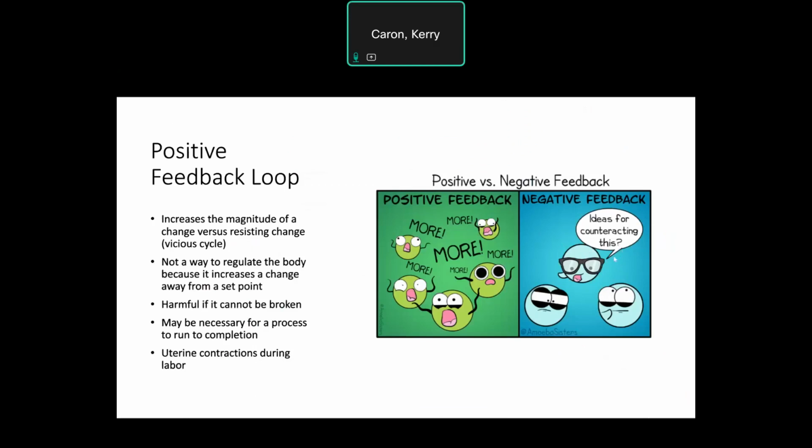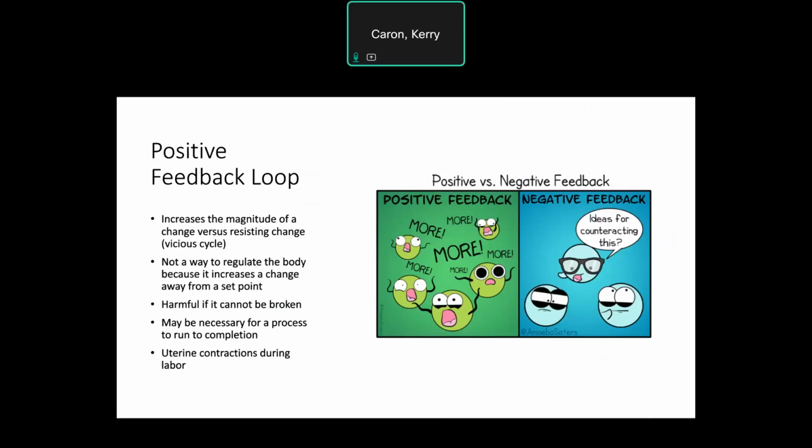They're trying to resist change. Whereas positive feedback is like more. This is not a good way to regulate the body because basically it's encouraging a change from the set point. It's harmful if it's not broken, but it may be necessary to run a process for completion.